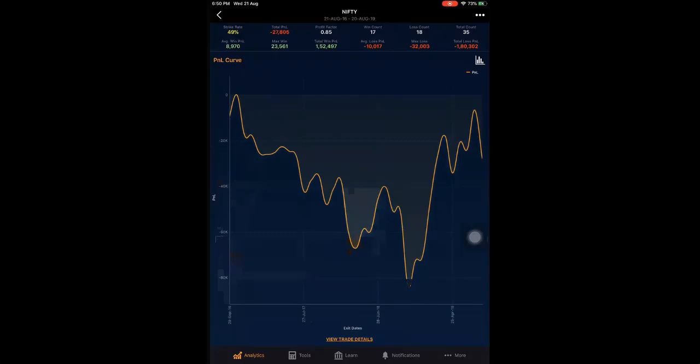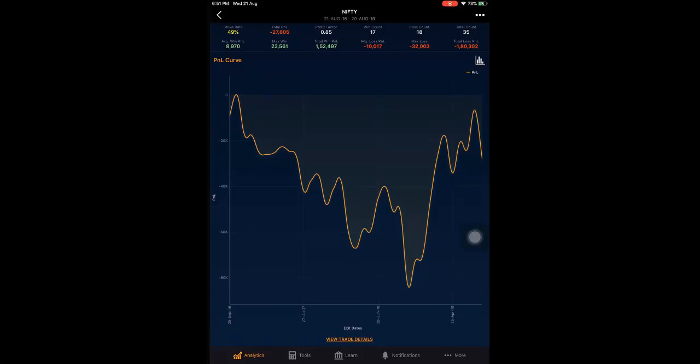Timing is most important when you come to options. There comes the edge, it's not basically the premium. It is what time you are doing buy or sell that makes the whole lot of difference. The profit factor is 0.85. Profit factor is nothing but total profit divided by total loss.